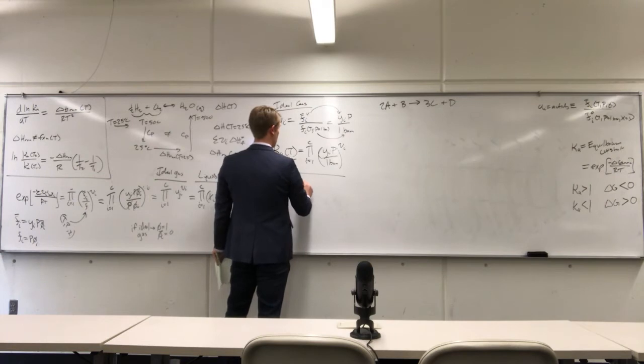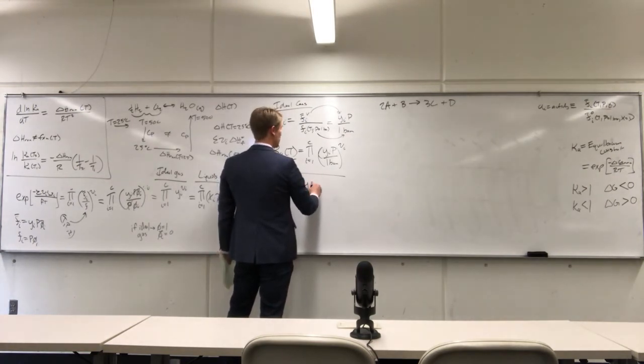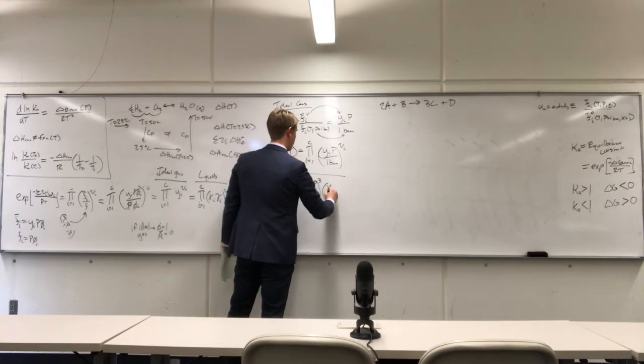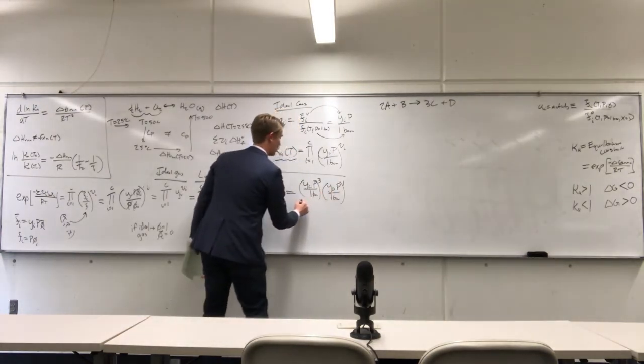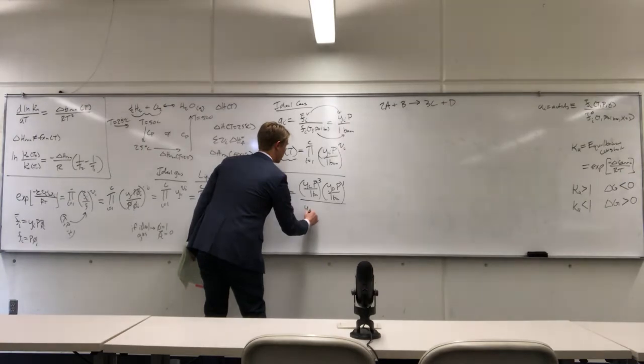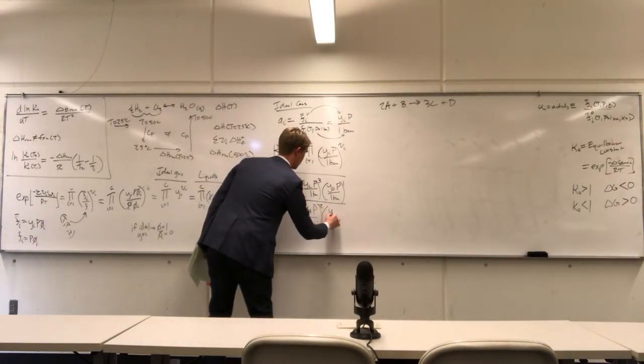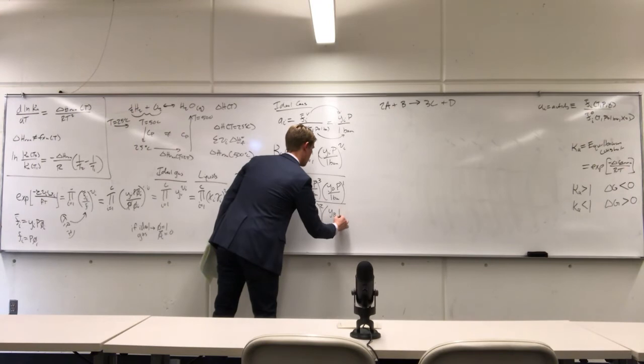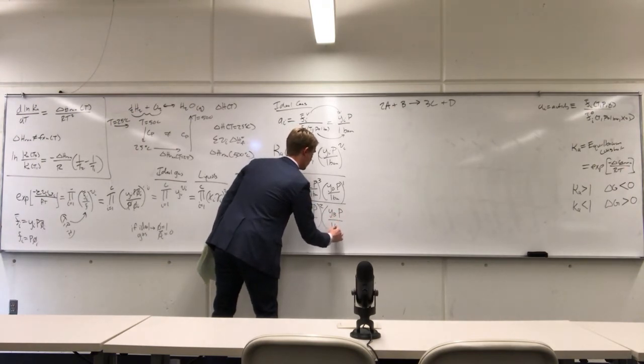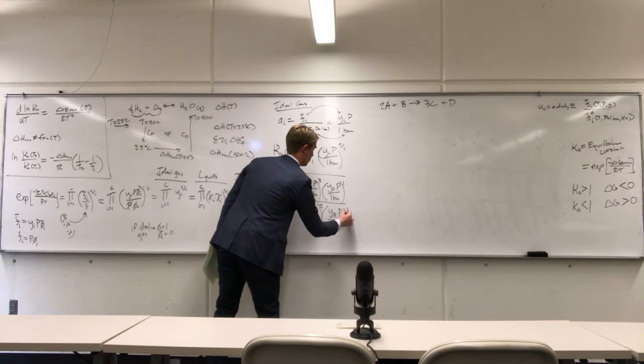So it's going to be the mole fraction of species C multiplied by the system pressure divided by 1 bar raised to the power 3, mole fraction of species D multiplied by the system pressure over 1 bar raised to the power 1, divided by the mole fraction of species A times the system pressure divided by 1 bar raised to the power 2, mole fraction of species B times the system pressure over 1 bar raised to the power 1.